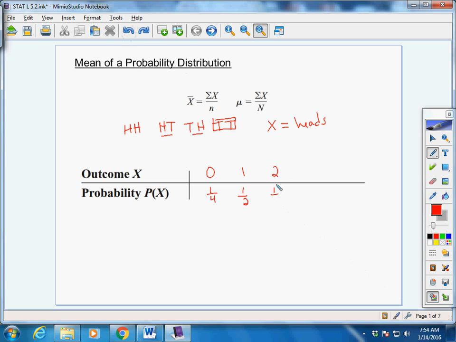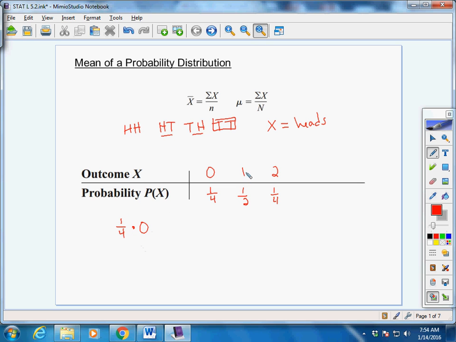So, what does this all mean? If we wanted to find the average of this, if you were doing it in real life, you would just have to keep tossing coins and tossing coins and tossing coins. So how can we find the mean of this? Well, if you're going to do this an infinite number of times, you're going to expect that you get 0 heads 1/4 of the time.